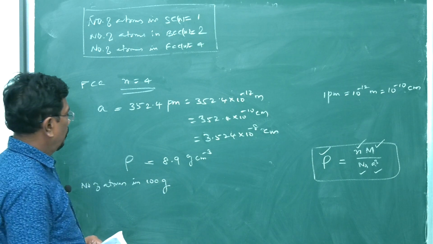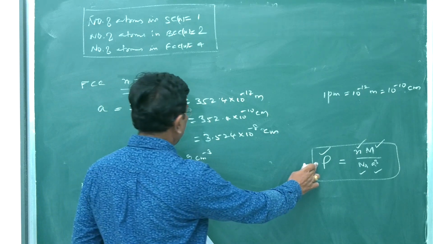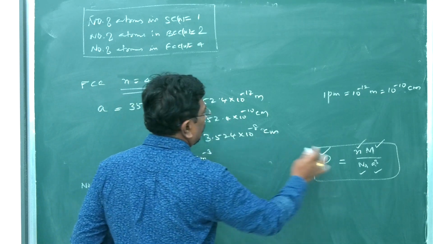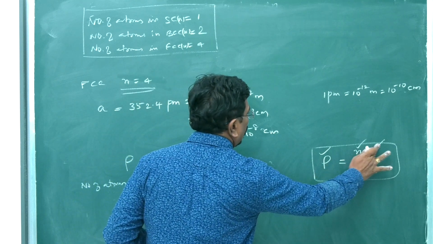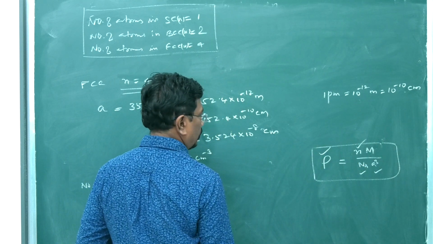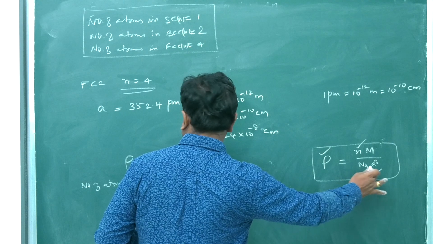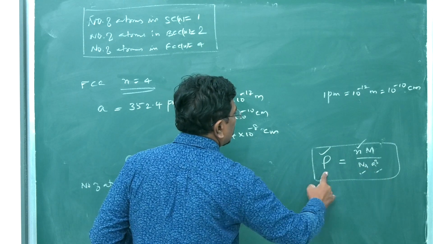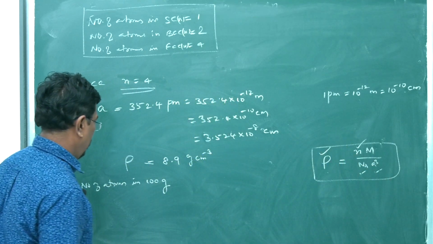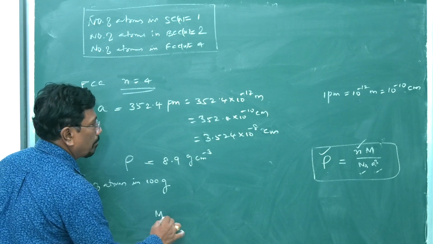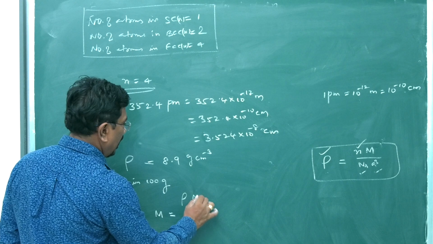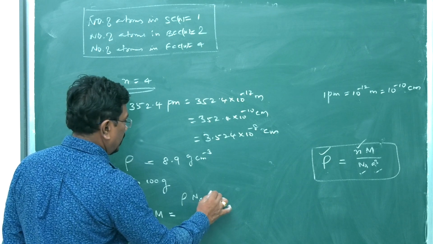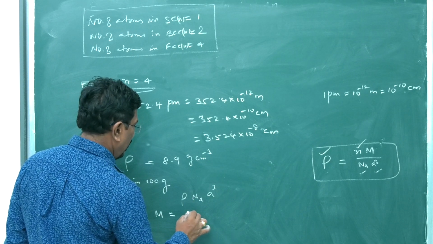All right. So what are the terms given? Rho is given. N we know. Molar mass we have to calculate, then only we can find out number of atoms. Avogadro number we know, edge length we know. Knowing all these things, M can be calculated. So M is equal to rho into N A into a cube divided by n.